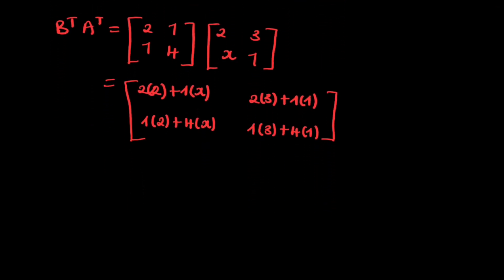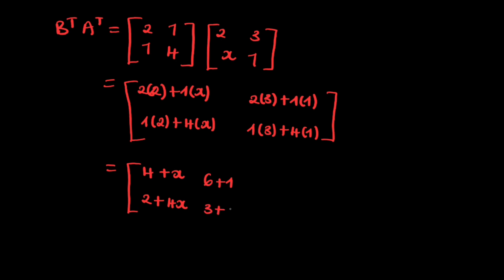Now we simplify it. 2 times 2 is 4 plus 1 times x is x. 2 times 3 is 6 plus 1 times 1, which is 1. 1 times 2 is 2 plus 4 times x, which is 4x. 1 times 3 is 3 plus 4 times 1, which is 4.